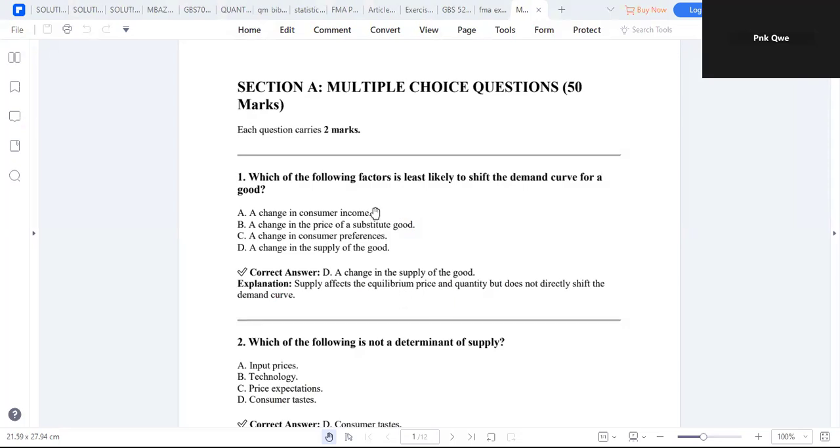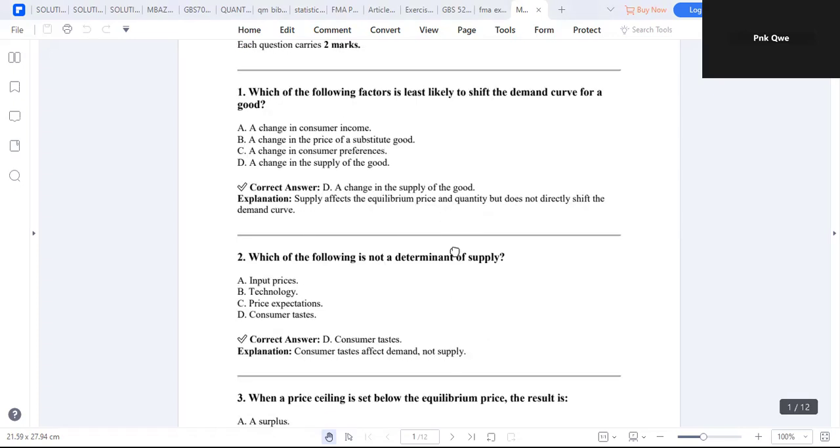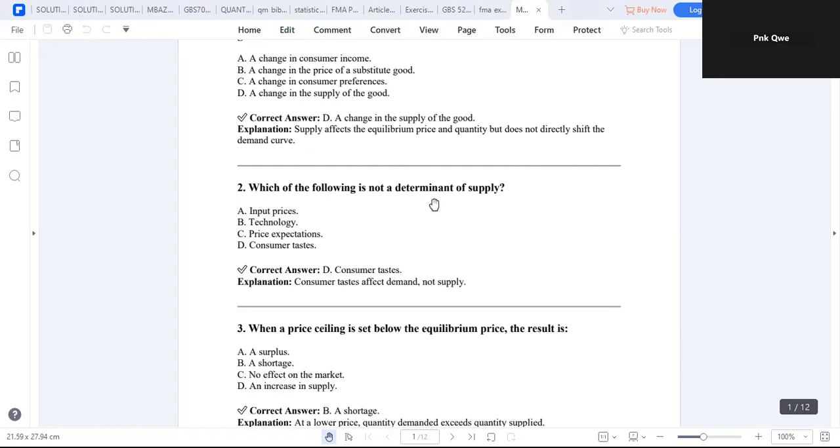A change in income will cause a shift. A change in the price of a substitute or related good will cause a shift. A change in preference will cause a shift, but supply will not. That is our answer. Question number two, which one of the following is not a determinant of supply?